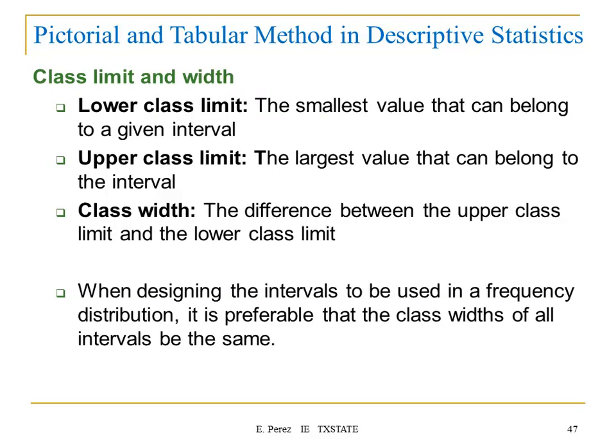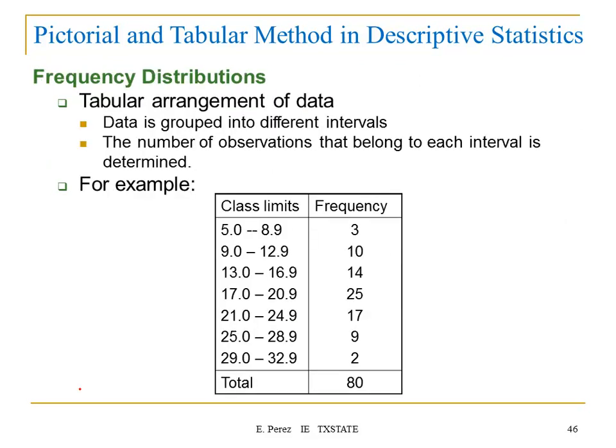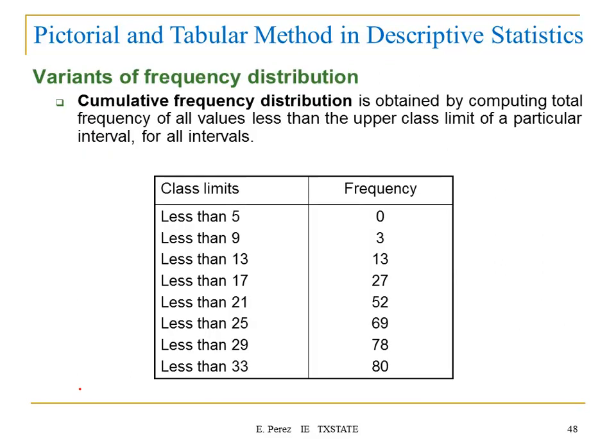Less than 20, we have 14 plus 10 plus 3, 27. And you repeat the process. At the end, you should have the total sample as your number of units. And you see how each number is increasing as you go down your table.